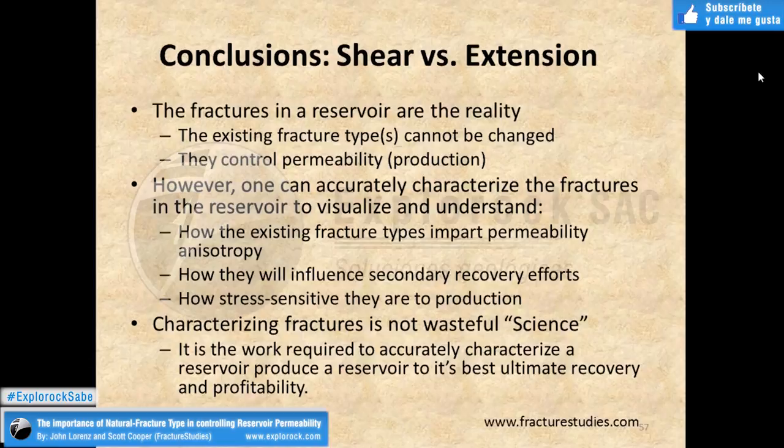Some of the resistivity logs were claimed that if you ran them twice in your reservoir and looked at the resistivity profile, you would be reading a deeper invasion the second time over a fractured interval.